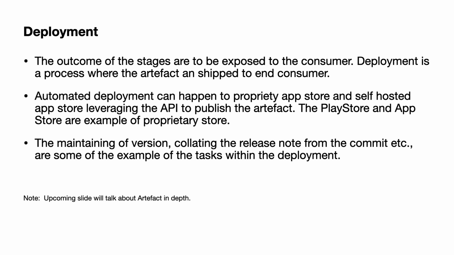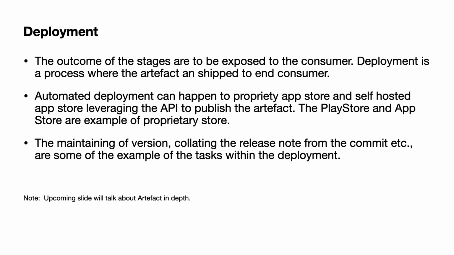Deployment is the fourth layer of automation. Every stage, or at least most of the stages that we have configured, would have artifacts. These artifacts are shipped to the end consumers. The end consumer can be internal or external. However, we will talk about artifacts in a later slide.